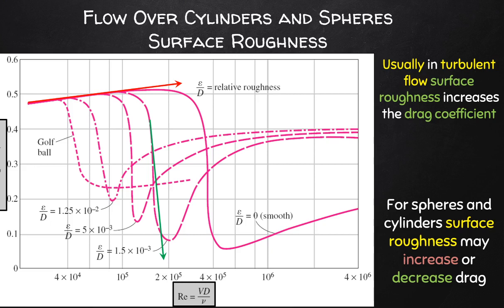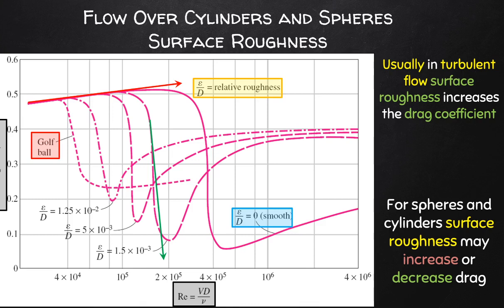Also note that by increasing the relative roughness, epsilon over d, it is possible to shift this sudden reduction in the friction coefficient to the left, so that it occurs at lower Reynolds numbers and therefore at lower flows, because the diameter is obviously going to remain the same, and the fluid properties, viscosity and density, also remain the same, more or less. So this is exactly why golf balls are designed with small dimples on their surfaces.